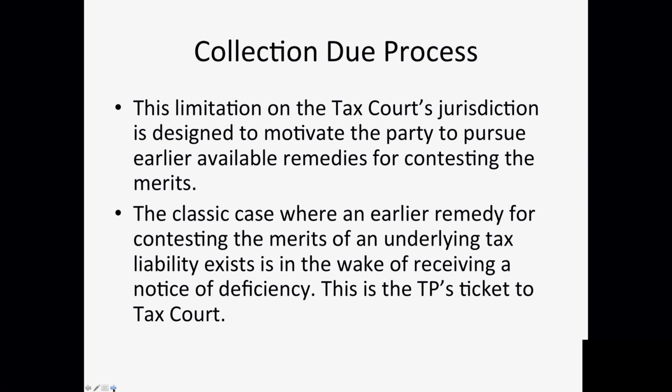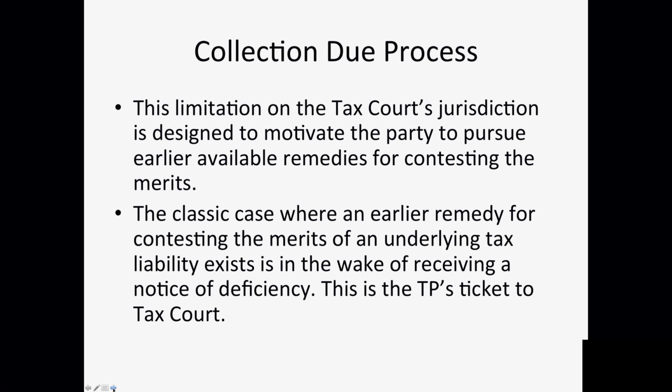The general rule here is that if the individual had a prior opportunity to dispute the liability via appeals, usually the traditional way is that the person had filed a protest in the appeals section of the IRS and disputed the underlying tax liability then.